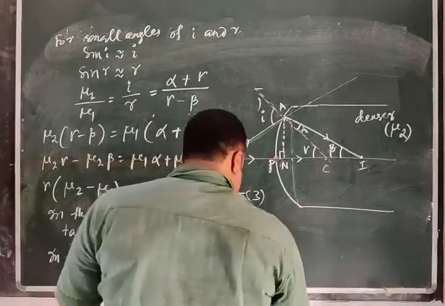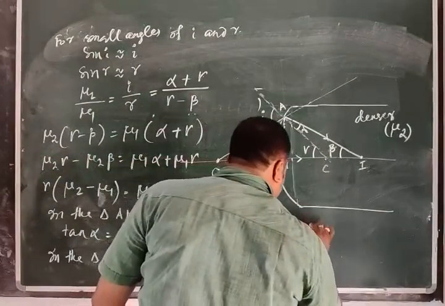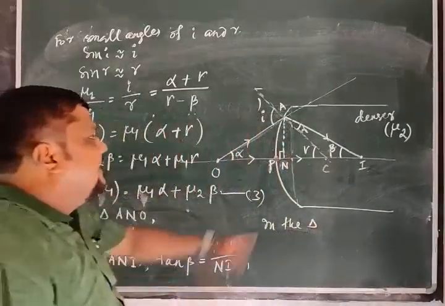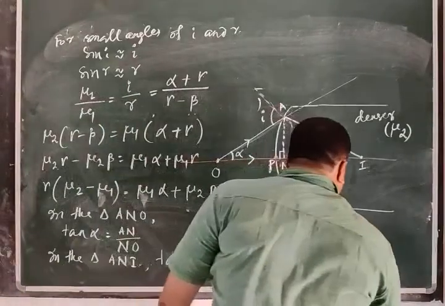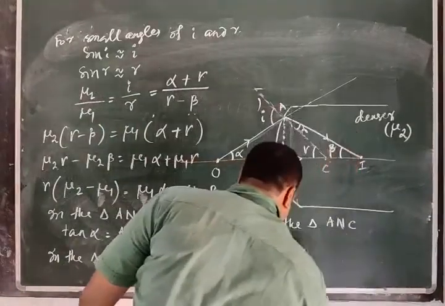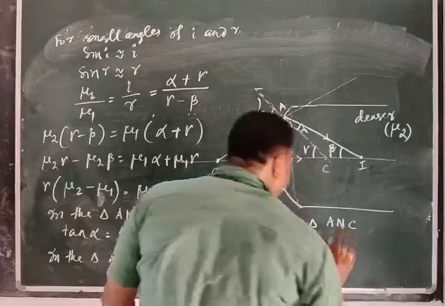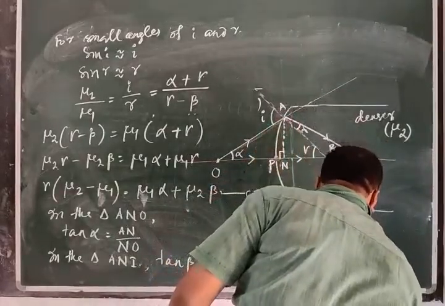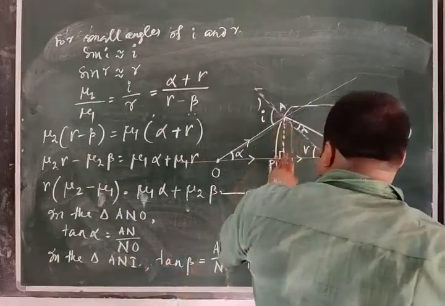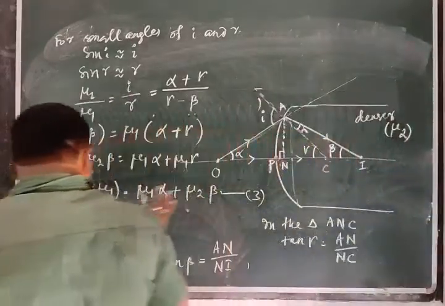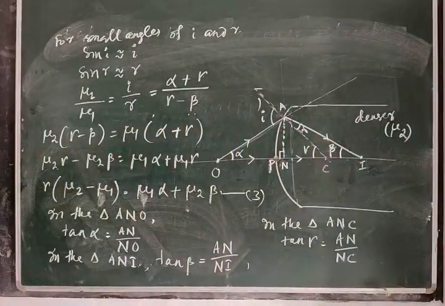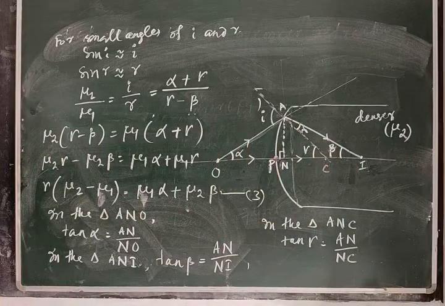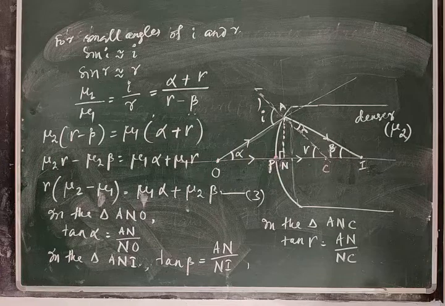Next, in triangle ANC, tan gamma is equal to AN by NC. So we have tan alpha, tan beta, and tan gamma from the three right angle triangles.